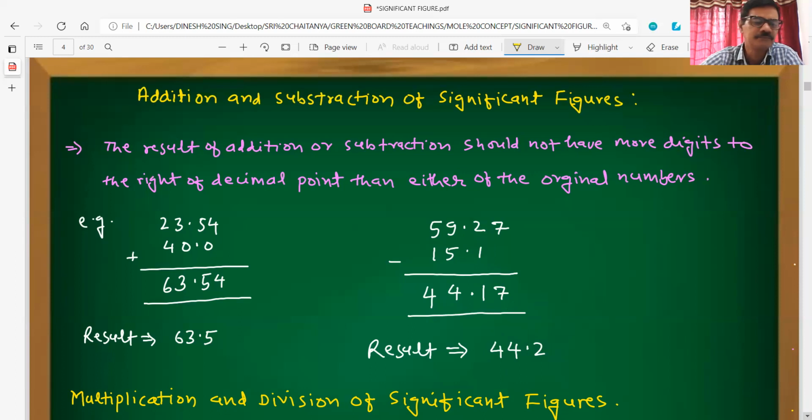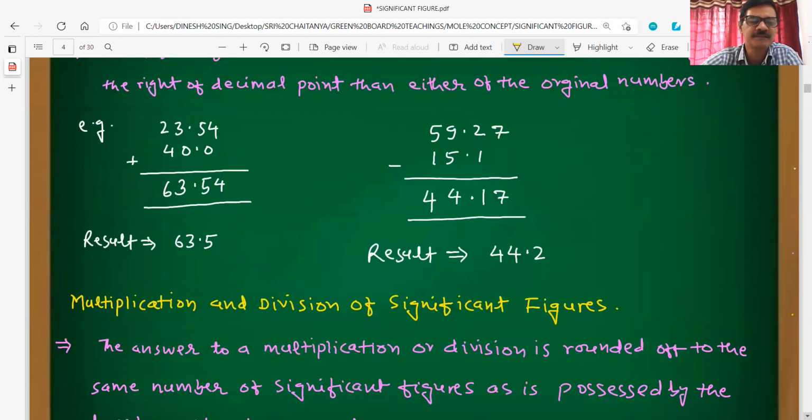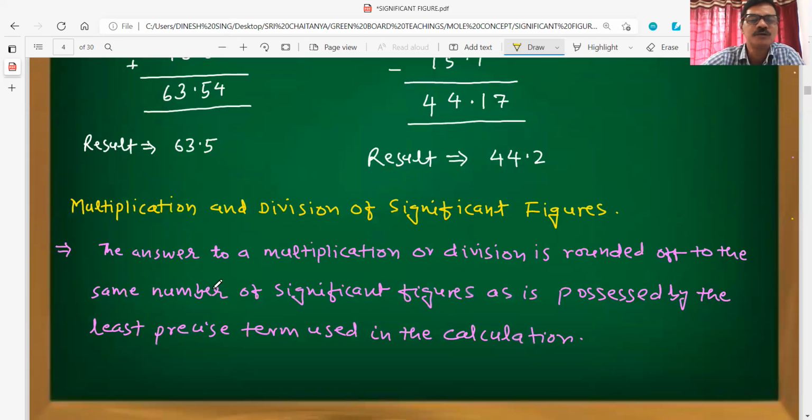Now we can see the other rule, that is the multiplication and division of significant figures. The answer to a multiplication or division is rounded off to the same number of significant figures as is possessed by the least precise term used in the calculation.